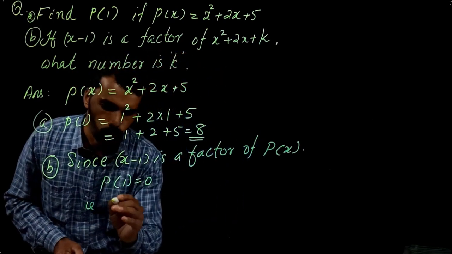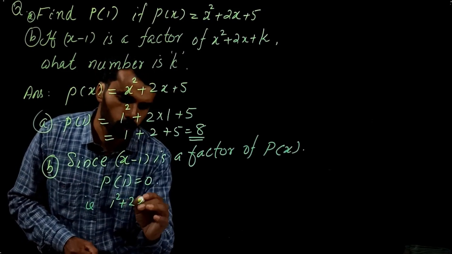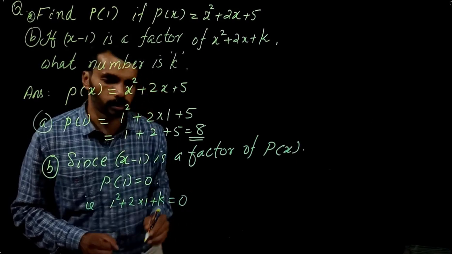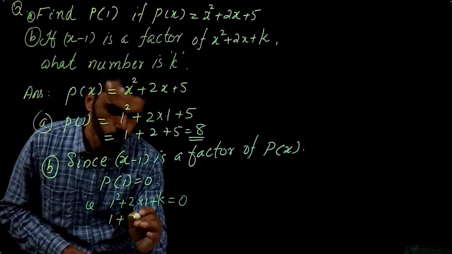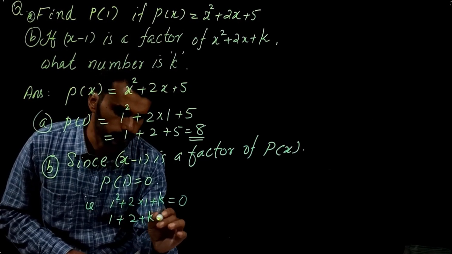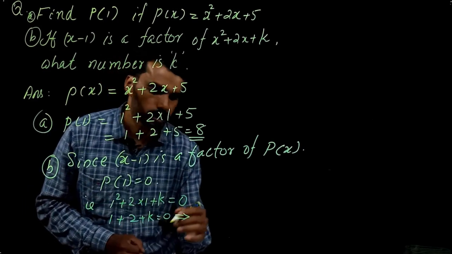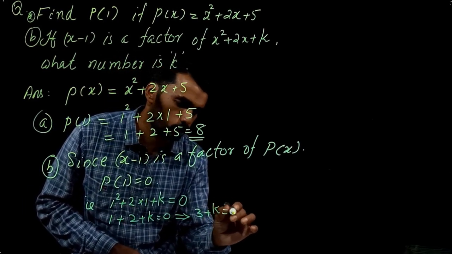So 1 square plus 2 into 1 plus k is equal to 0. Now this is 1 plus 2 plus k is equal to 0, which implies 1 plus 2, 3. That is 3 plus k is equal to 0.